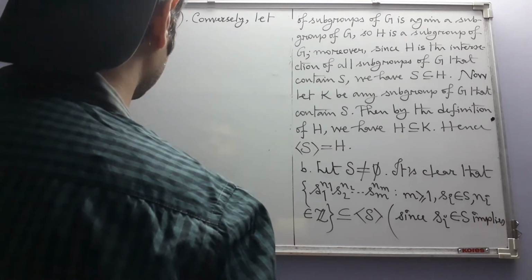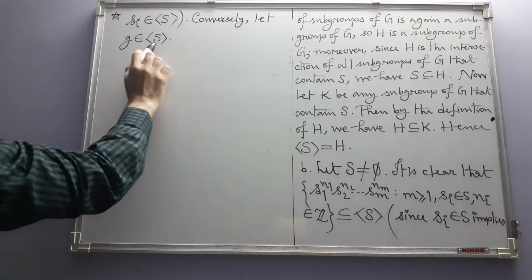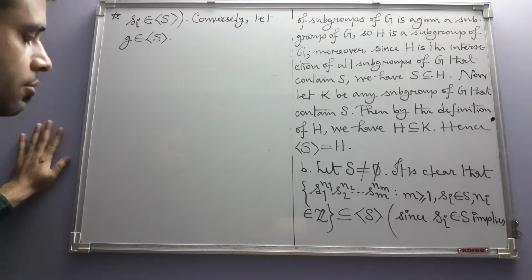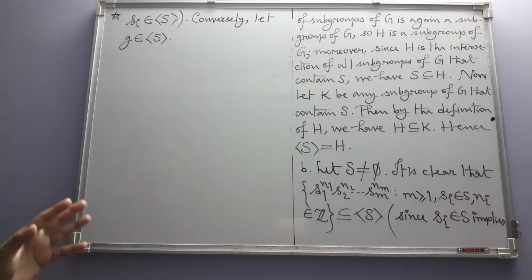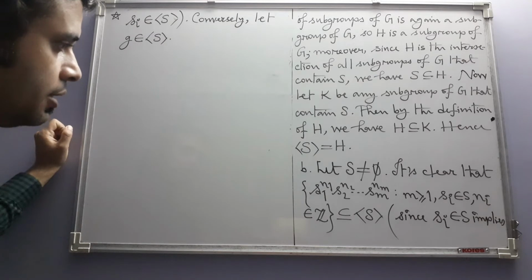Then g belongs to, okay, so g belonging to the subgroup generated by S means what? According to part A, g belongs to all subgroups of capital G containing the subset S.